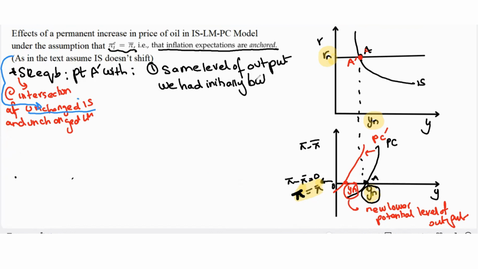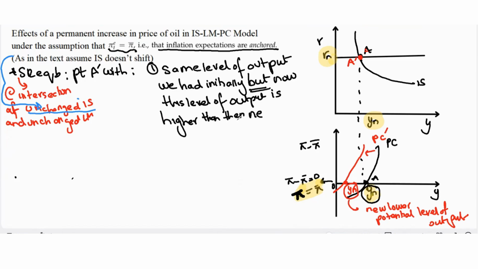But there is a difference. Now this level of output is higher than the new potential level of output. Initially, this level of output was equal to the potential level of output, but now it's higher than the new potential level of output.